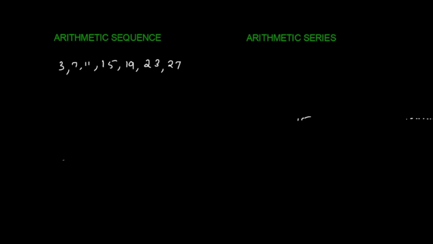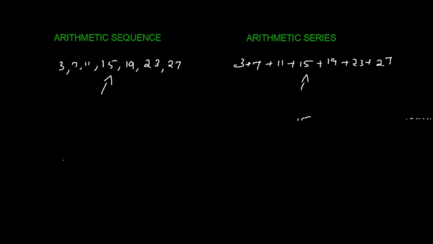So a series is the sum of the numbers, that is 3 plus 7 plus 11 plus 15 plus 19 plus 23 plus 27. This is the arithmetic series. Right? So did you understand the difference between sequence and series? A sequence is the list of numbers and a series is the sum of the numbers in a sequence. So this is an arithmetic sequence and this is an arithmetic series.